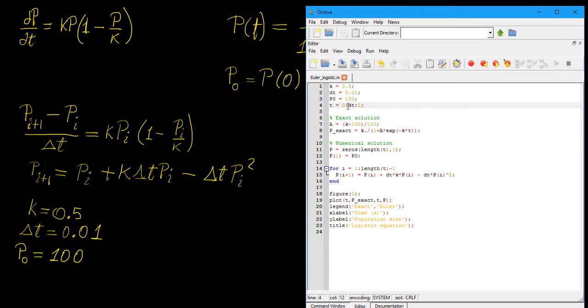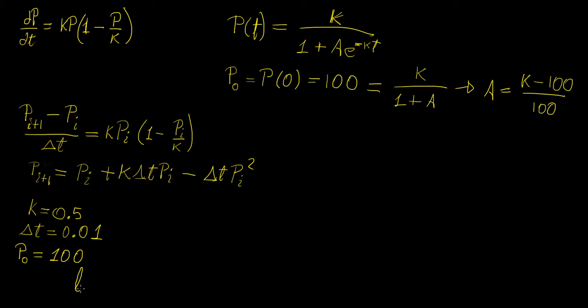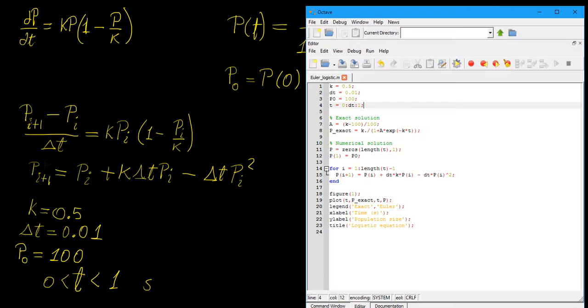And now we're going to create a time vector that goes from 0 to 1 second. Because as you will notice, once we plot the solution, this decreases very rapidly, so we can only see the change within a very small interval of time.